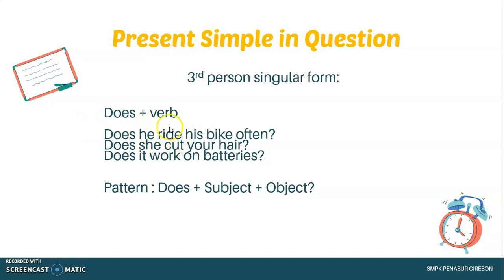So the verb becomes infinitive. Sudah dasnya dipisah, maka kata kerjanya tidak boleh pakai S lagi. Okay? For the pattern, I missed a part. It should be does, subject, verb infinitive, and then object.